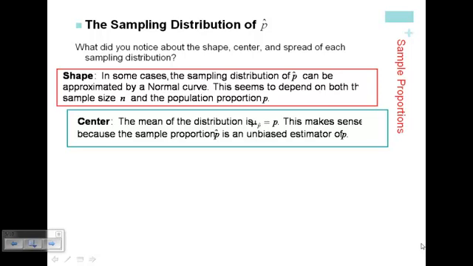But the center of all those p hats, the mean of all those p hats, will be at 15% also, as long as we have an unbiased way of sampling. If you saw a note on your quiz the other day, how do we get unbiased sampling? Answer, by doing random sampling. Specifically, simple random samples.